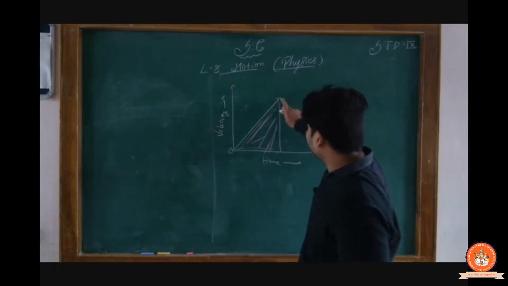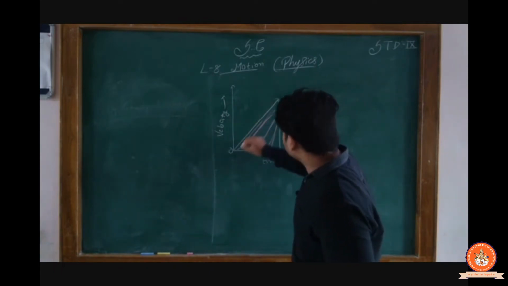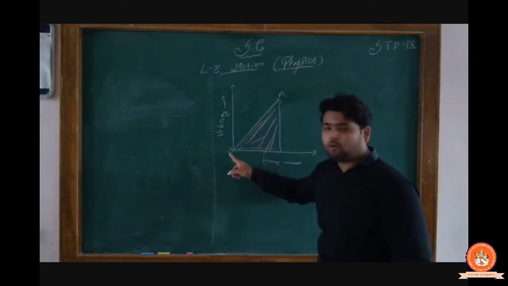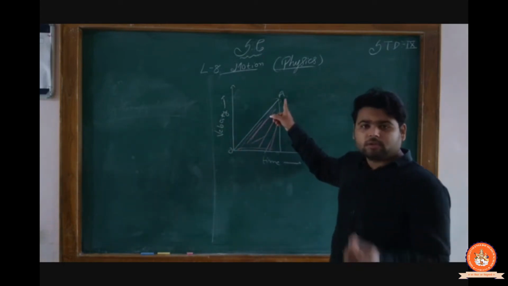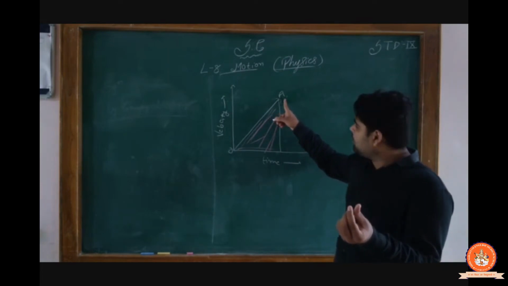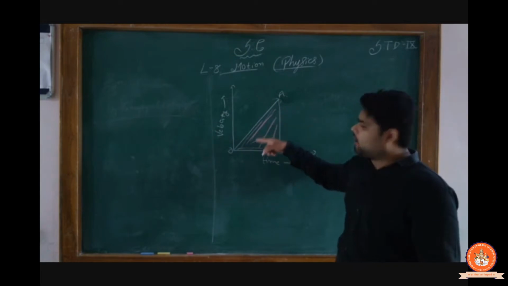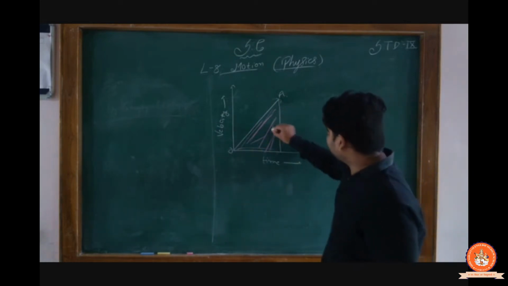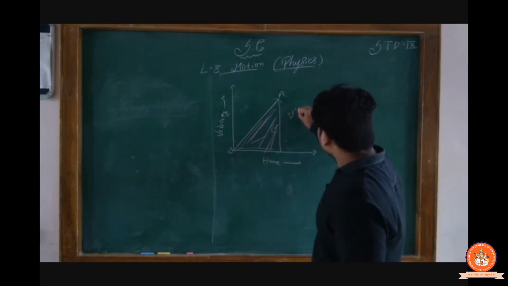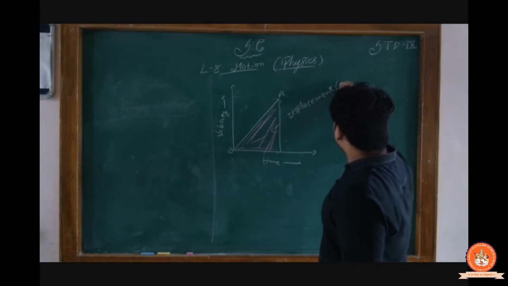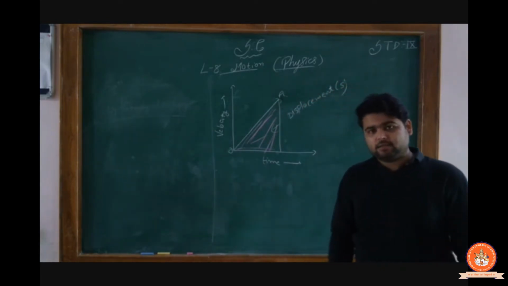Suppose this is point A; from A to O the thing is going to travel, and this is our acceleration. So the area covered between here is our displacement.